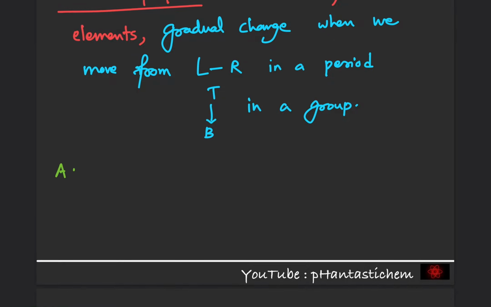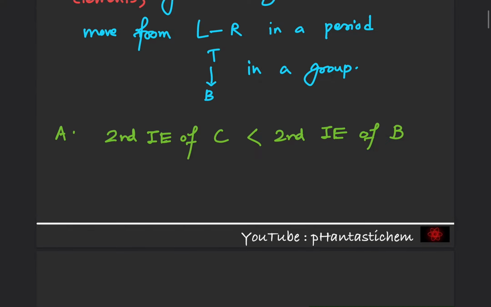Option A says that second ionization enthalpy of carbon atom is lesser than second ionization energy of boron. Okay, so to compare this, we have to know their electronic configuration.